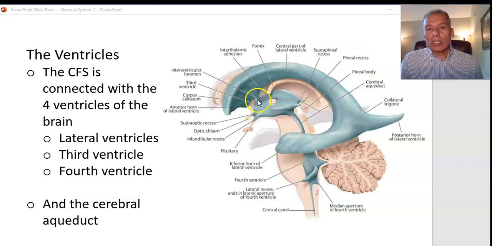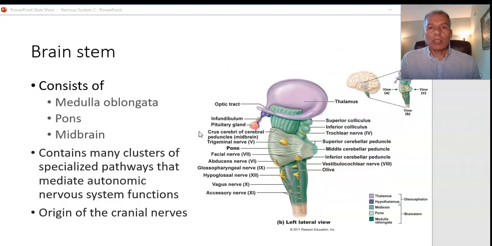So these are the ventricles inside of the brain and spinal cord that are connected with the cerebrospinal fluid and are responsible for all the functions that I mentioned. So you need to know these four ventricles and know that the third ventricle is connected with the fourth through the cerebral aqueduct.